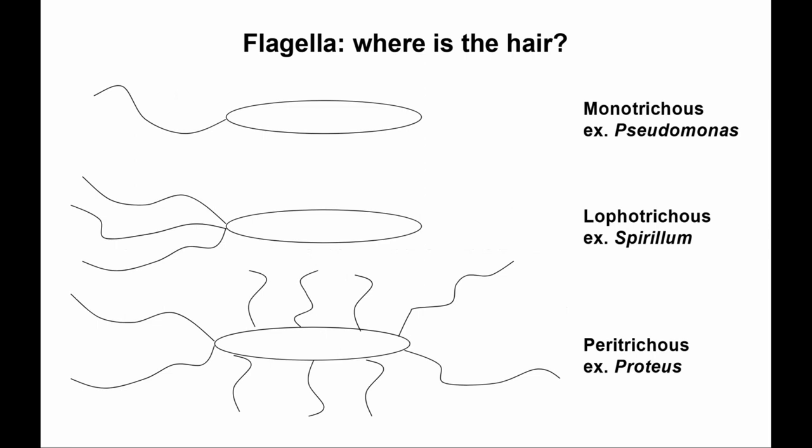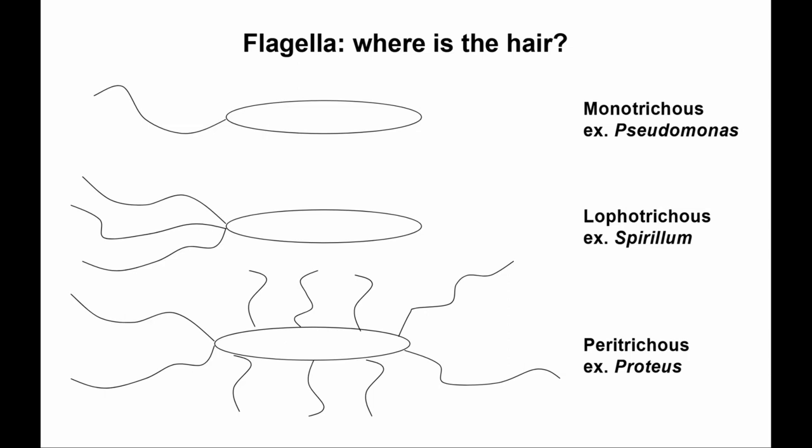Okay, last external structure here are flagella. You can have one or several per bacterium, and depending on how they're distributed on the bacterial cell, you have these terms, which are monotrichous, lophotrichous or peritrichous. So something to do with where the hair is on the bacterium.